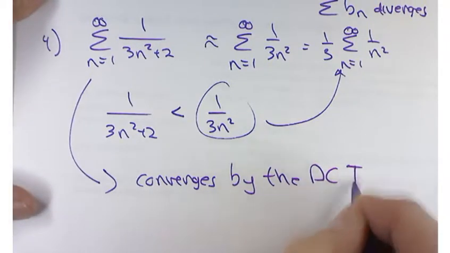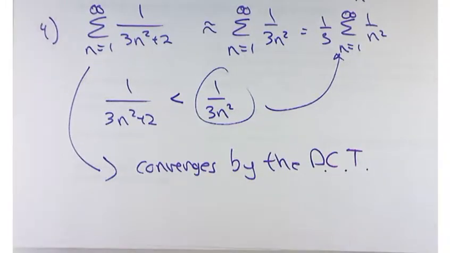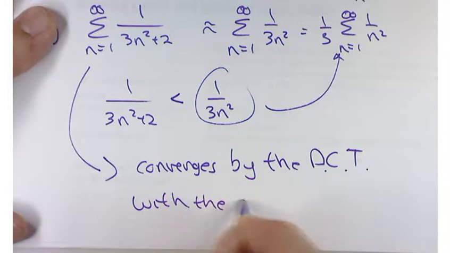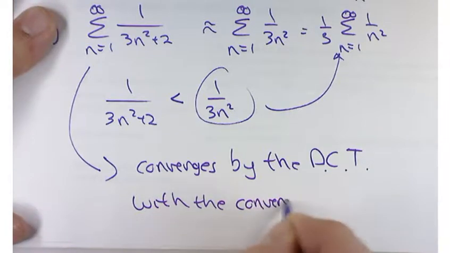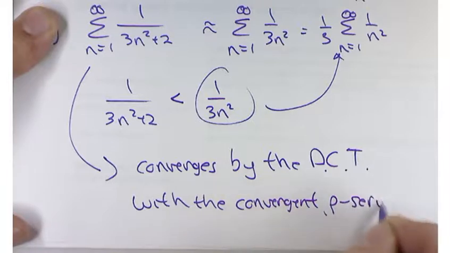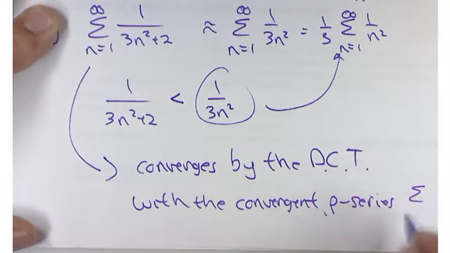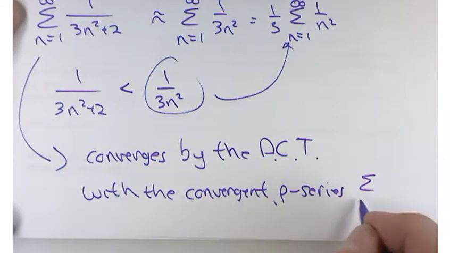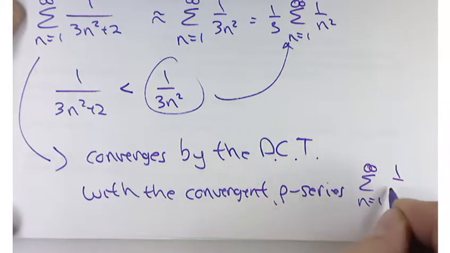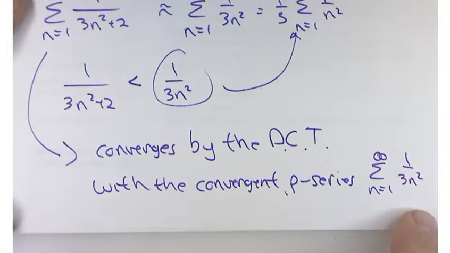You have to pardon me, but I'm not going to write that out. Converges by the direct comparison test with the convergent p-series of sum from n equals 1 to infinity of 1 over 3n squared.